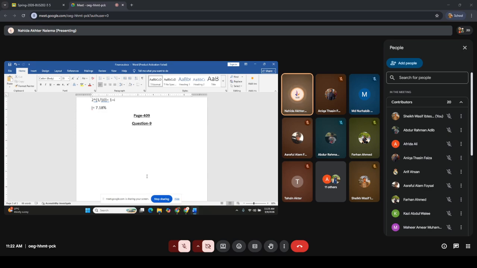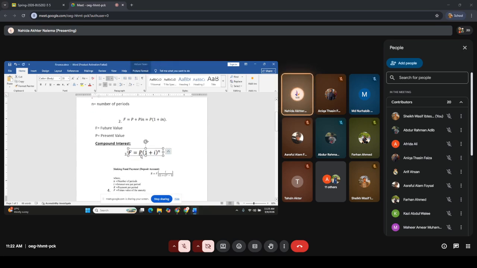So which formula are we going to use in here? Which number formula are we going to use to find the n? Ma'am, compound interest, which number is this? The third one, right? So this formula, again we are using this.